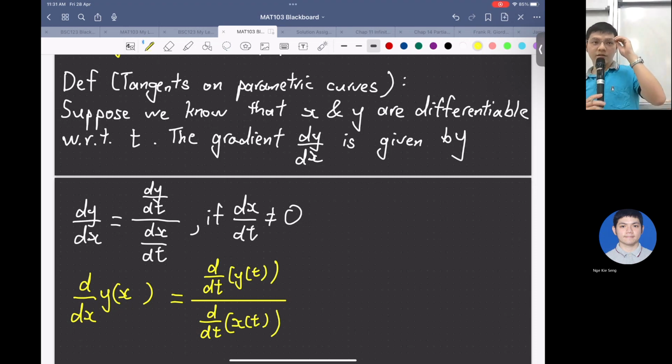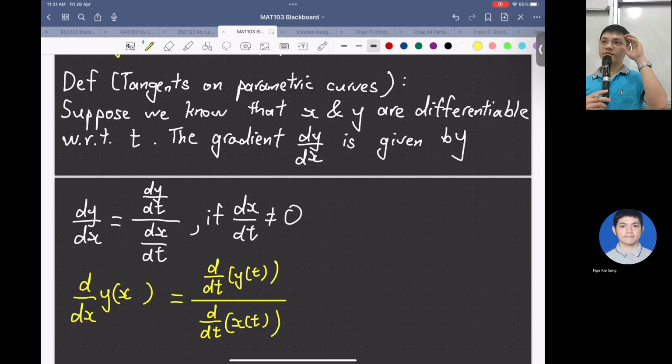So d over dx is an operator, not a fraction. Maybe in ODEs you did separation of variables. Why you can do that is because they go through the formal definition first, and then they see that there's a simple way to execute the calculation, so they move it across. In principle, it is an operator.